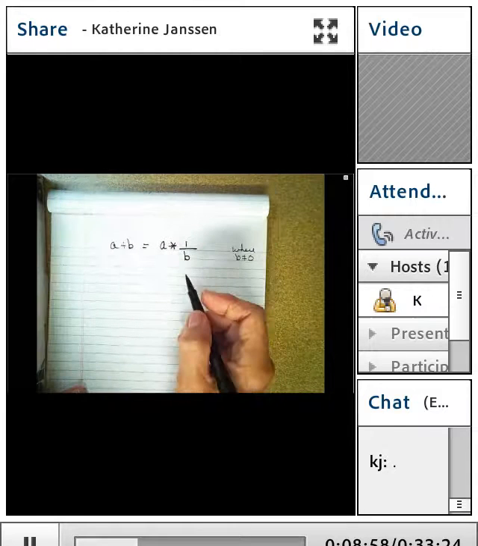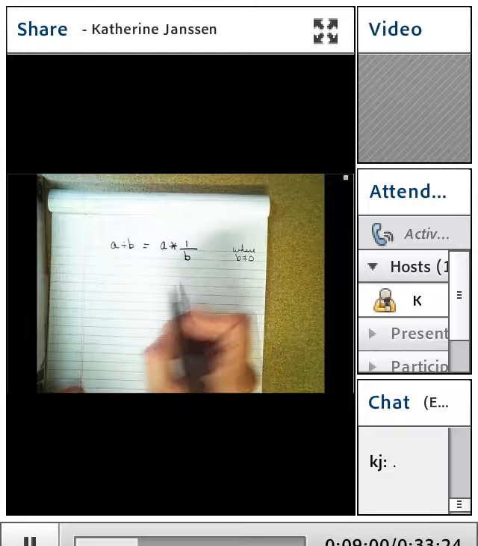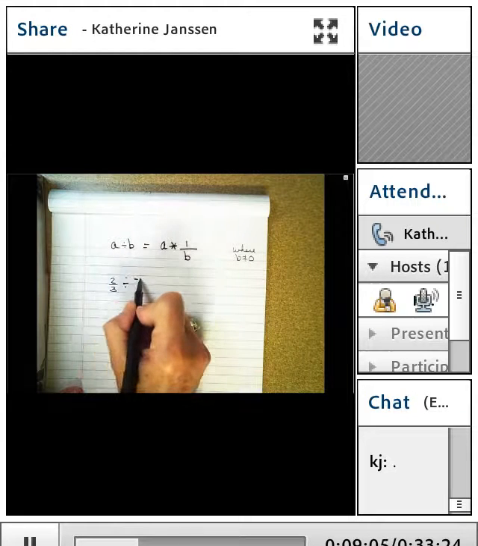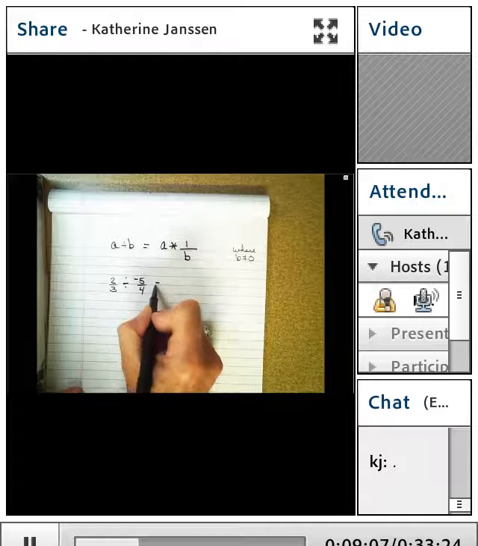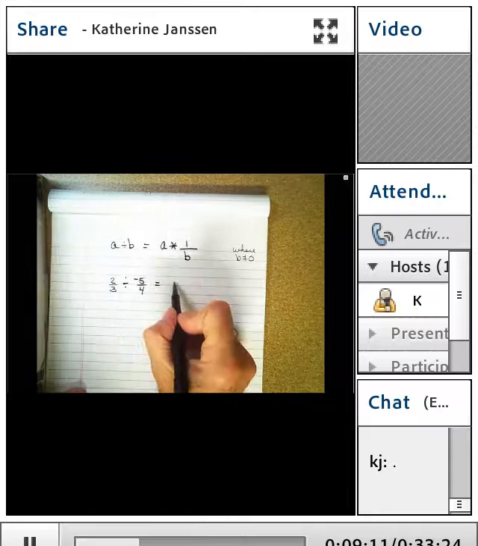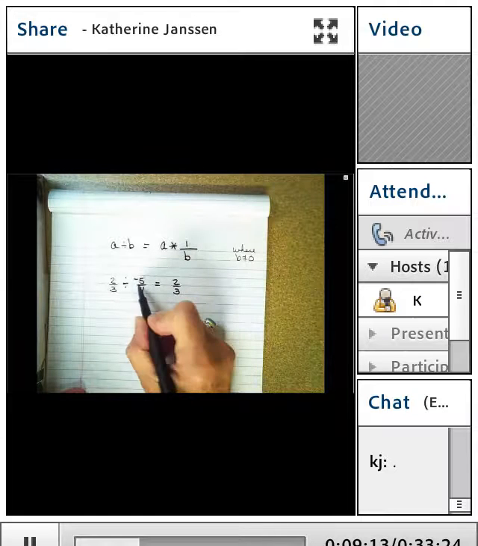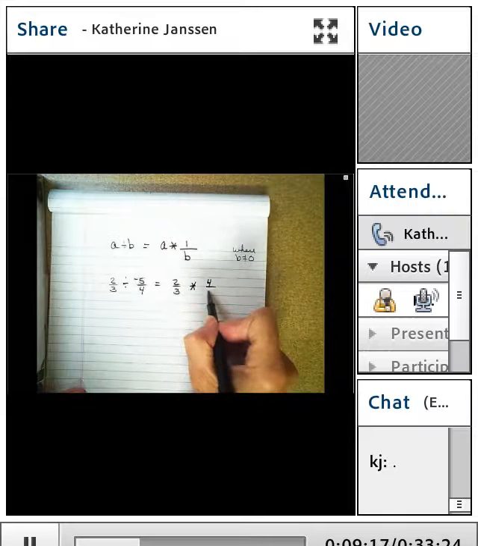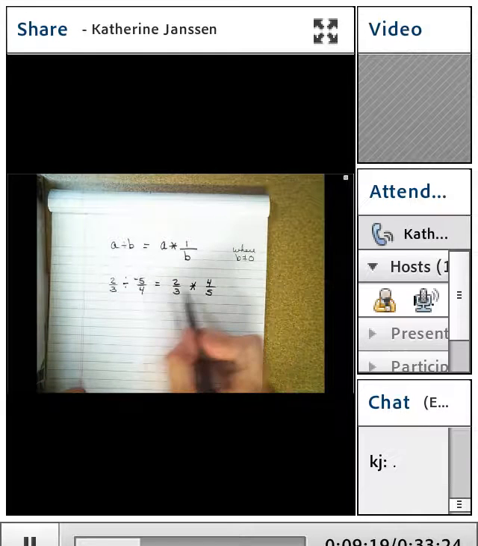So 2/3 divided by a negative 5/4. Well, our directions say to change division to multiplication and multiply by the reciprocal. I'm going to flip it and keep the sign. Now, we already know how to multiply signed numbers.